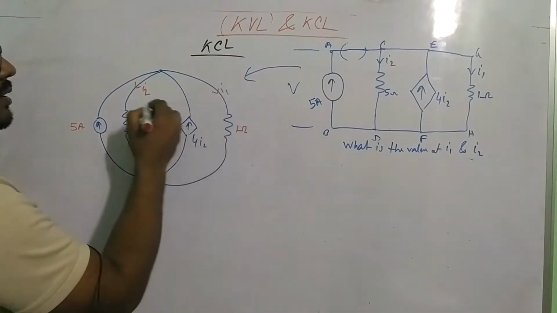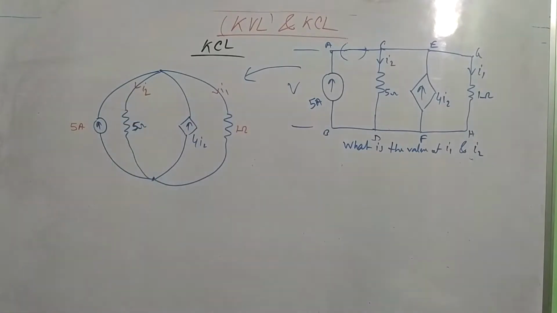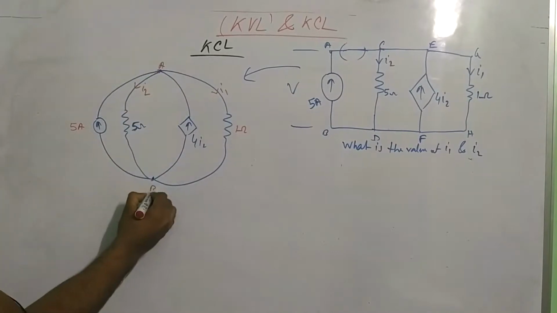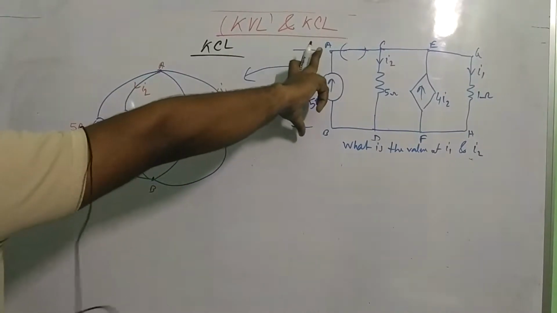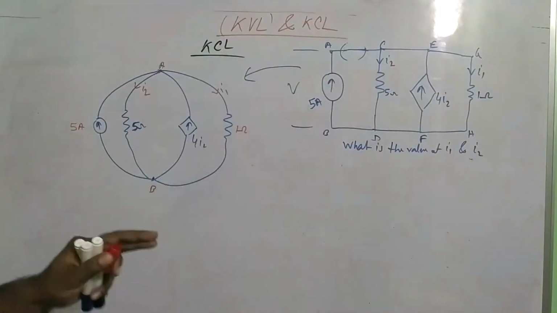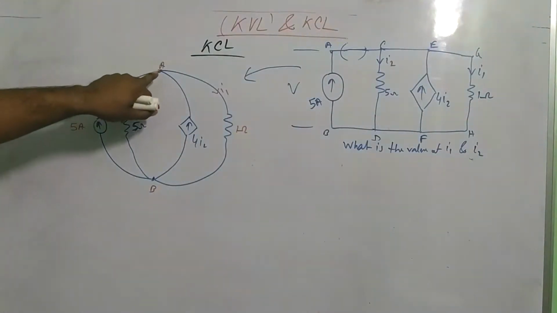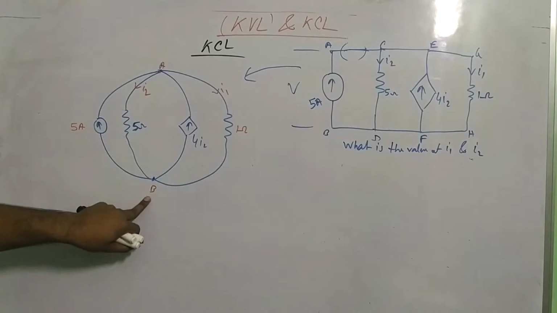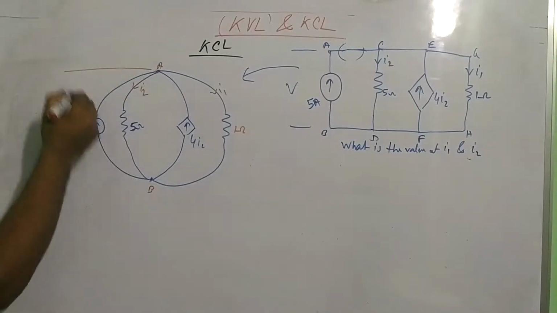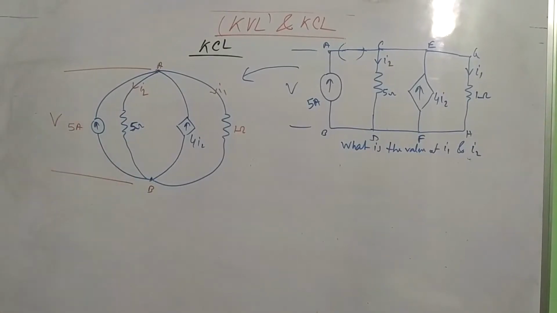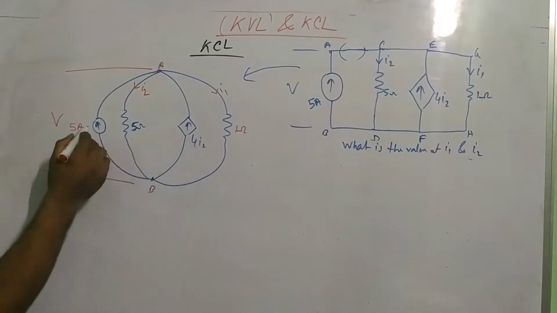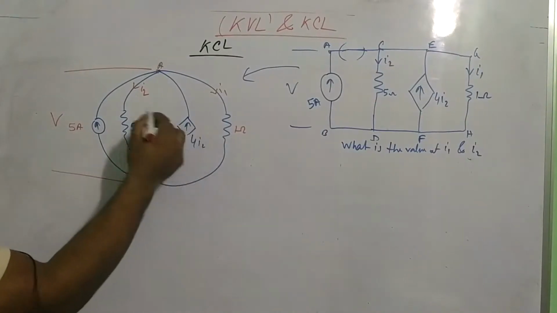This is I1, this is I2. If I take this as the A point and B point, we know that the voltage across AB, CD, EF, GH are all the same. That's why we can say the voltage across these two points is V. Now I see that this is a current source and this is also a current source.